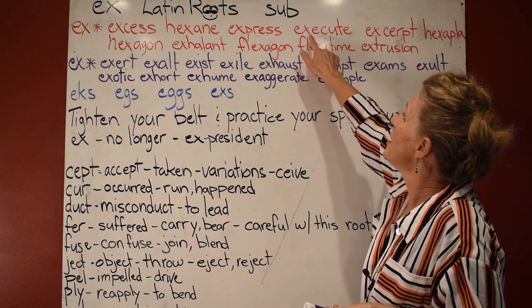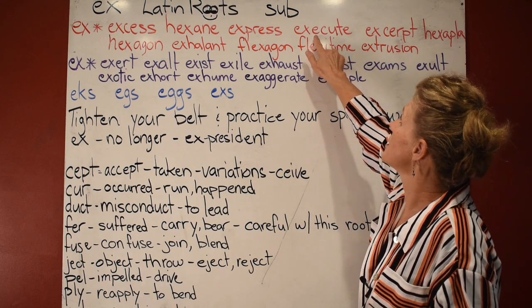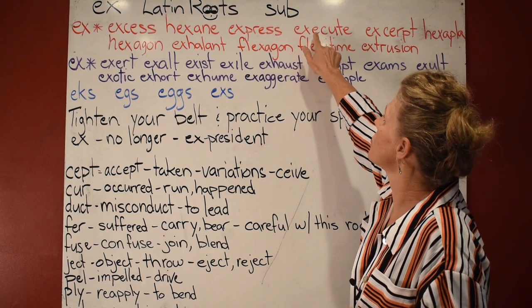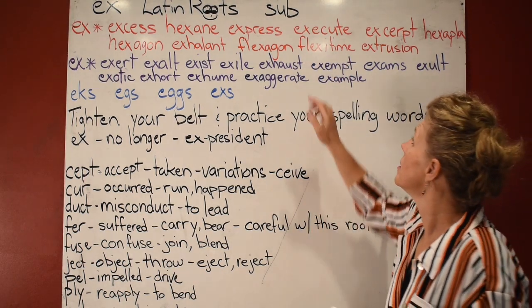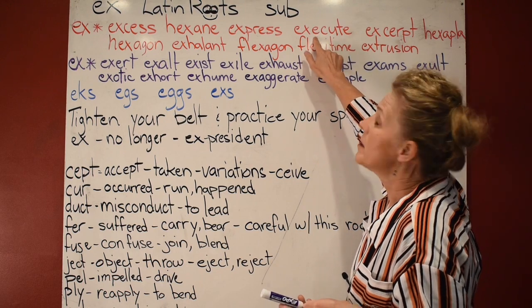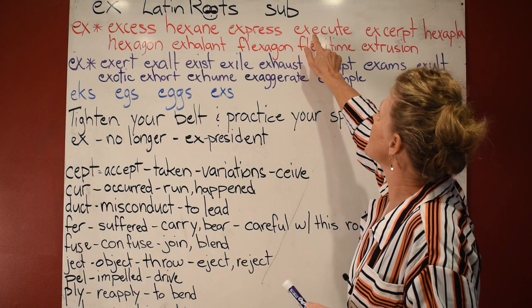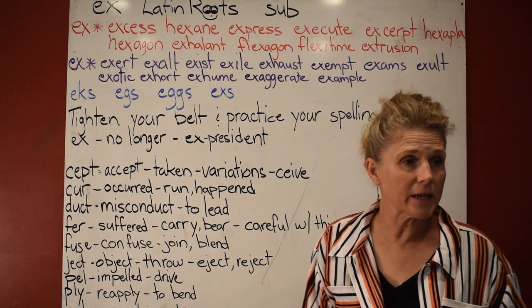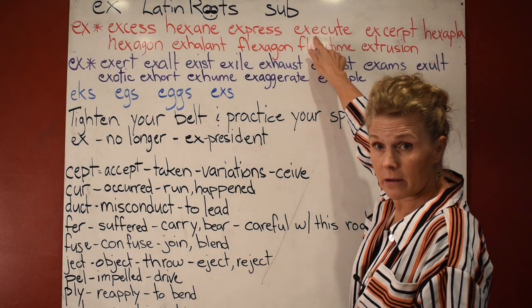Execute. If you see EX, oftentimes with a consonant right here, it's going to say X, but not in lots of words though too. Like X-E-cute. So, this is the next syllable. So you're going to say X, but we do not spell it E-X-S. We spell it with the next syllable that we hear.